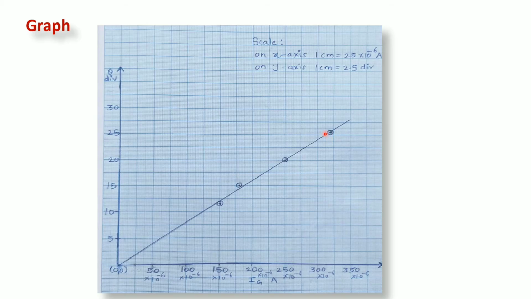So this is 25.5. In this way you have to plot the graph of theta against Ig with this scale. Clear?